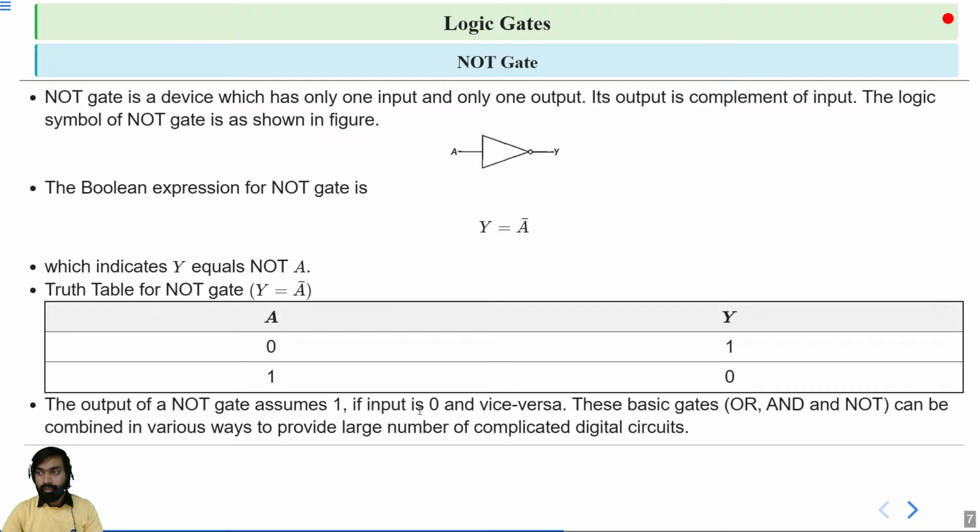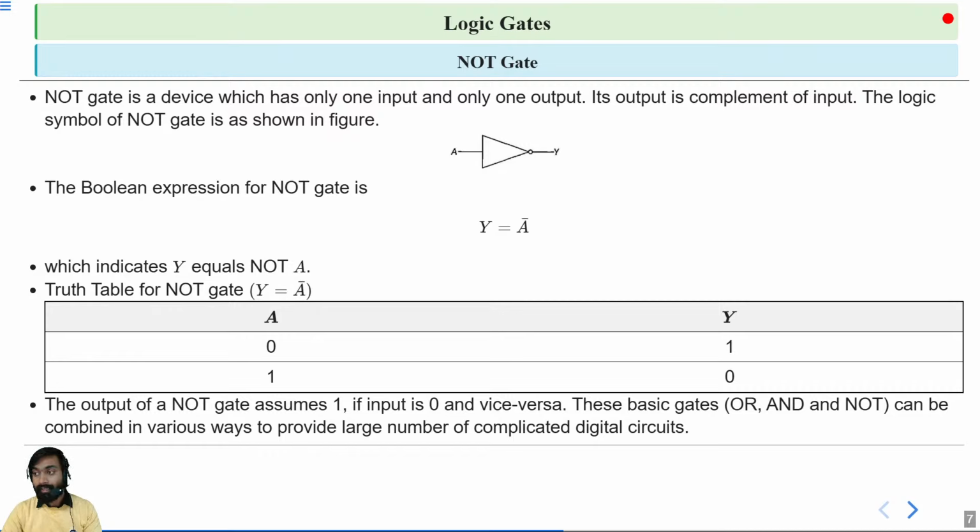So the NOT gate inverts its single input. Symbolically, it is represented as y equal to A bar. The output is 1 if the input is 0, and the output is 0 if the input is 1. The NOT gate is essential in digital electronics because it allows us to invert signals. Students, it is commonly used in combination with other gates like AND and OR to create more complex circuits.